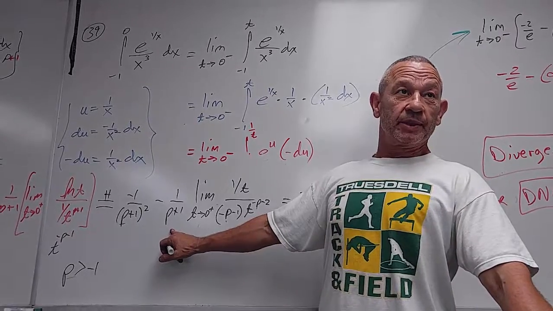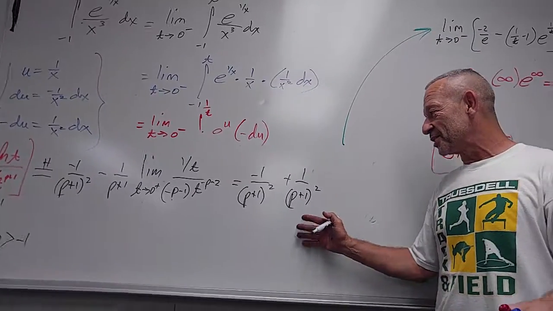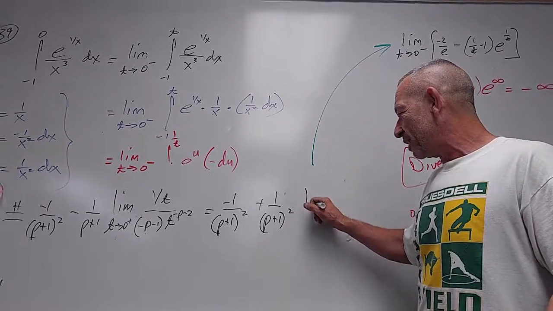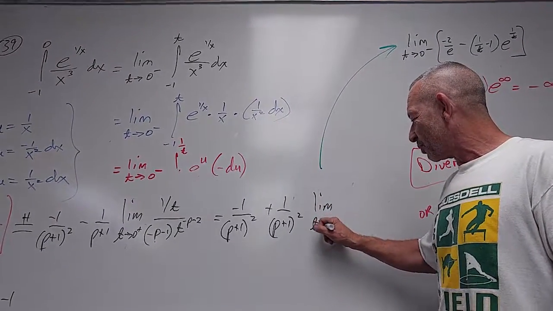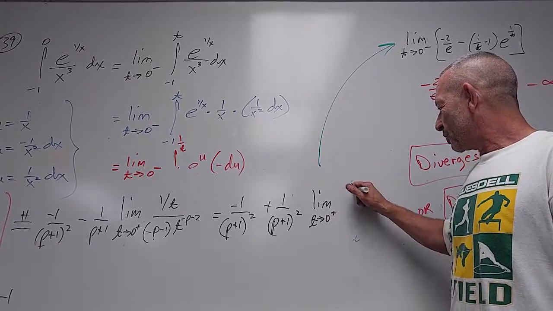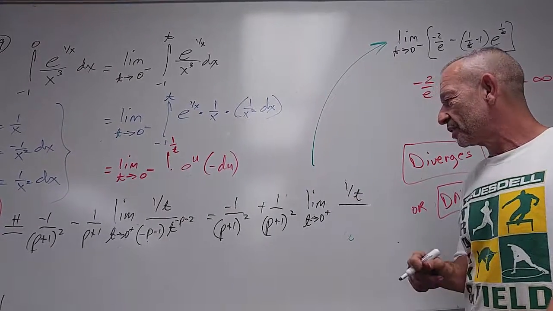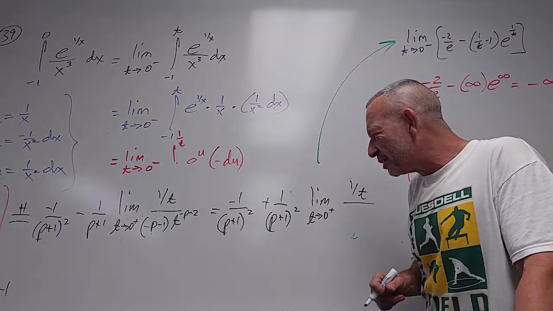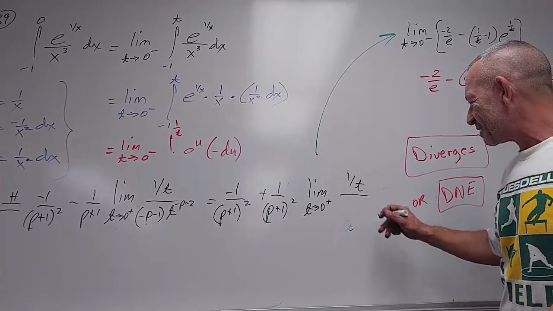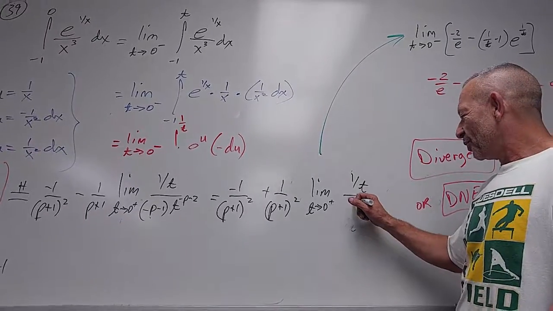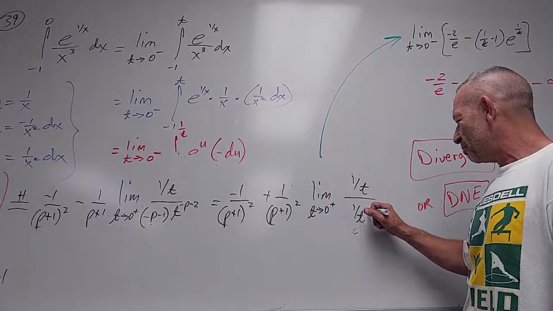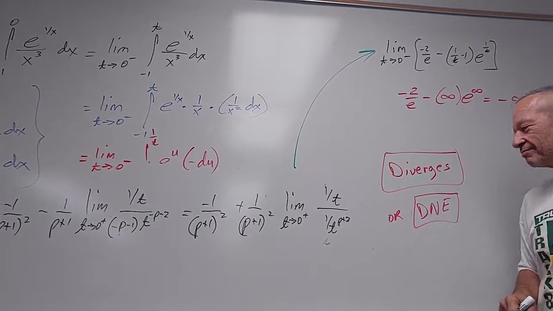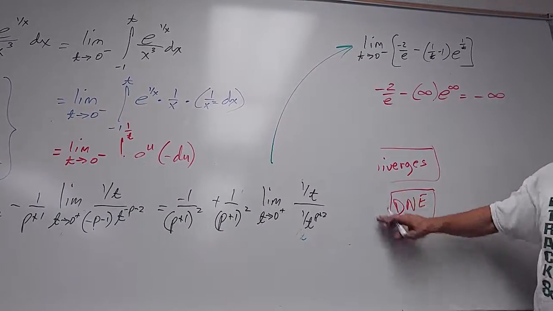Combined with that p plus 1 in the denominator is a p plus 1 squared in the denominator, and I am left with a limit as t goes to 0 from the right, 1 over t on top, and I think, isn't that what I'm doing now? Yeah, I'm just rewriting this. And 1 over t to the p plus 2 on bottom. We're almost done, believe it or not.